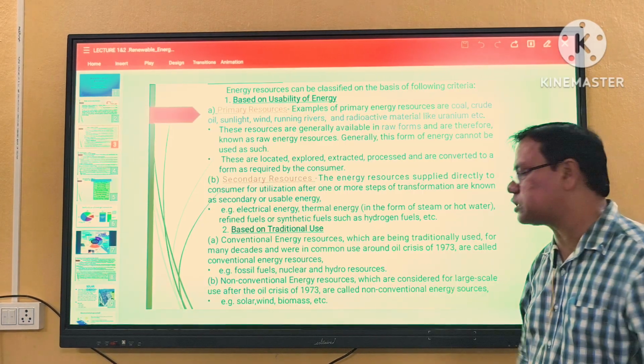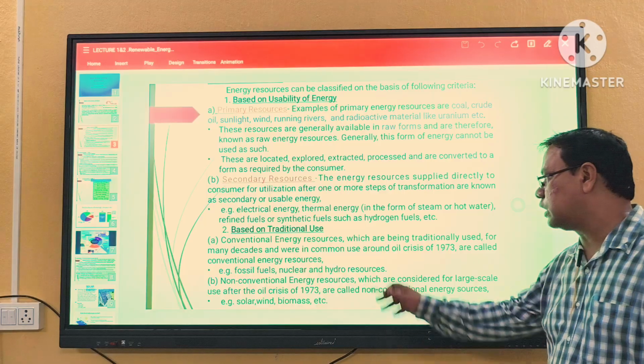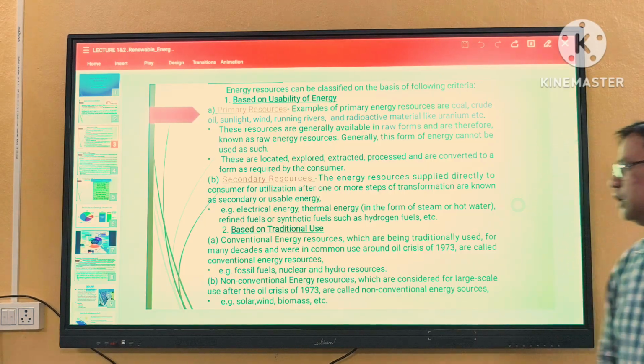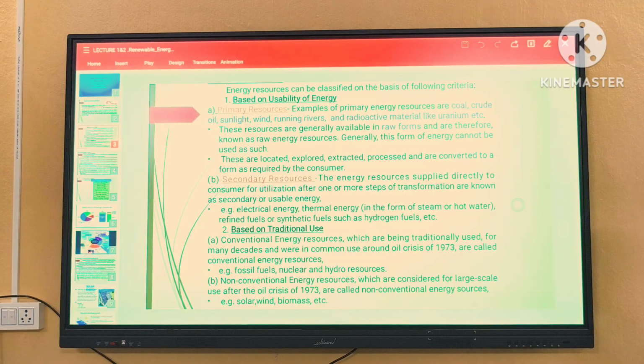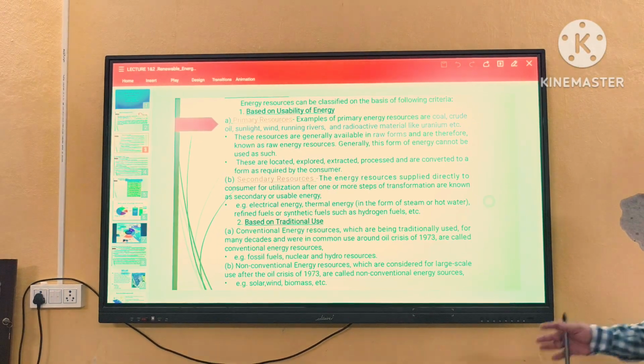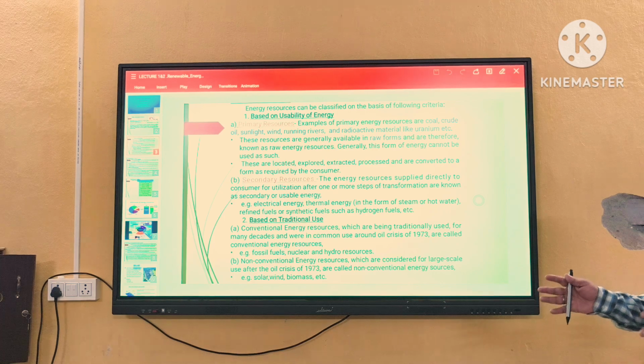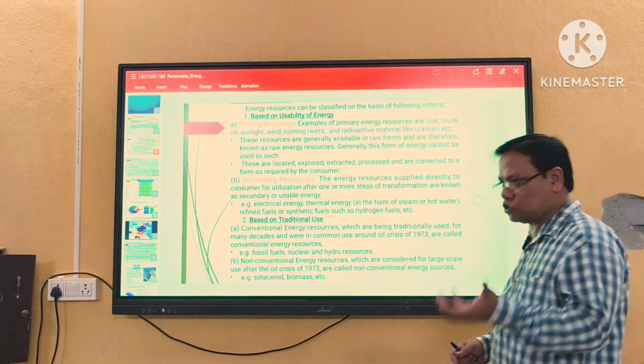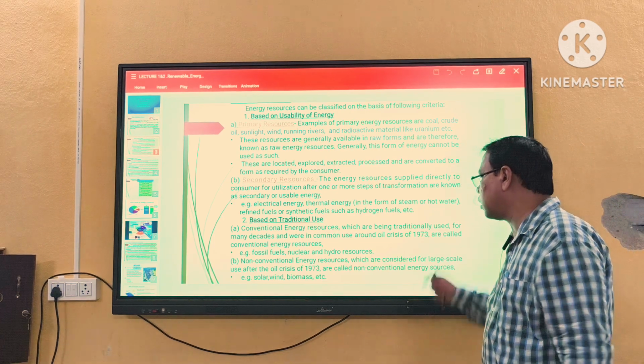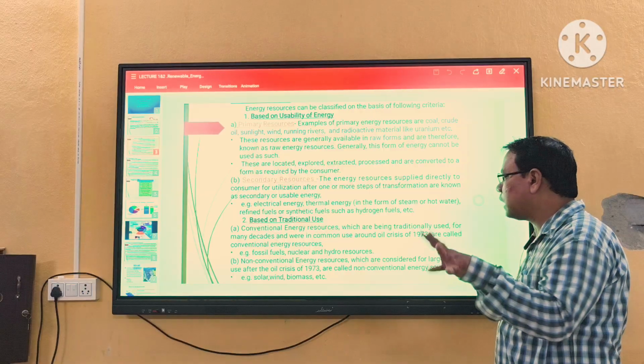Examples of conventional resources are fossil fuels, nuclear, and hydro resources. But non-conventional resources are those that may not be.